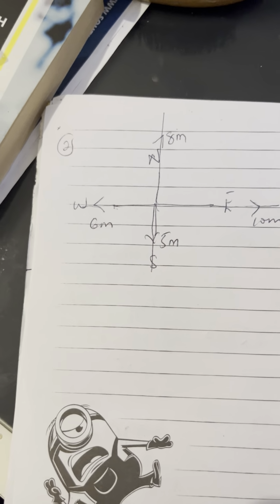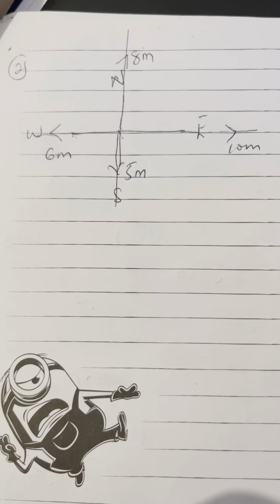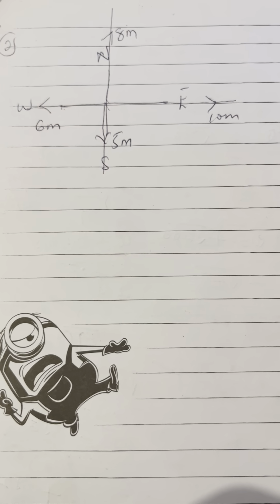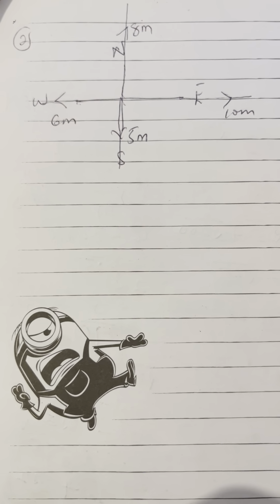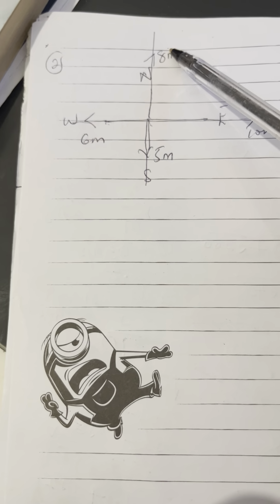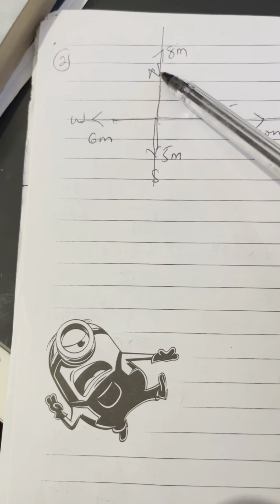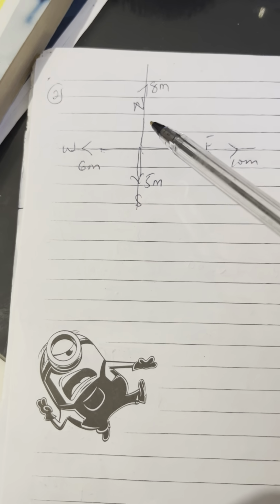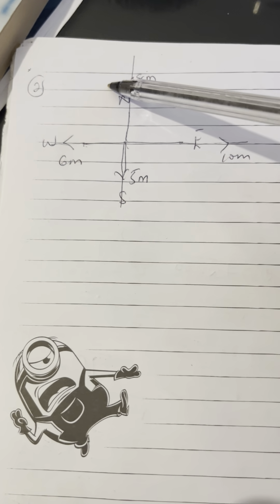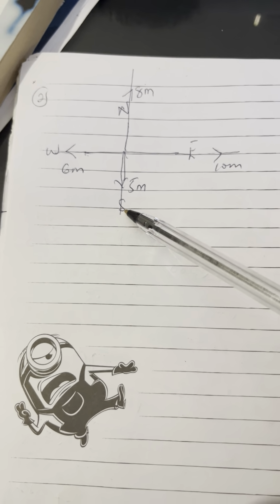Now, what you have to know in looking for this is that we have the vertical component and the horizontal component. Let us first add all the vertical components together. The vertical components we have are 8 meter and 5 meter. In a Cartesian plane graph, you will discover that this line is on the positive y-axis, while this one is on the negative y-axis.